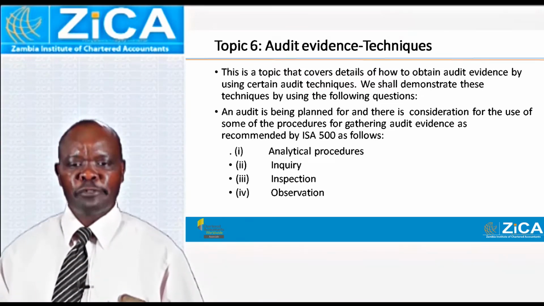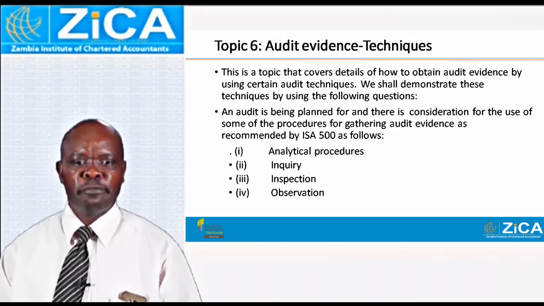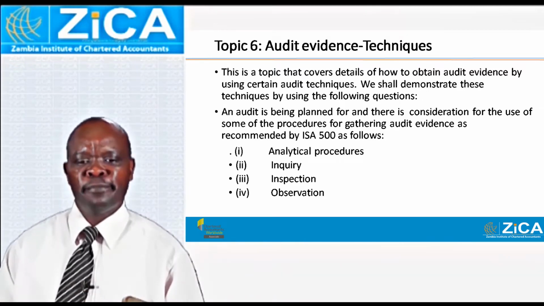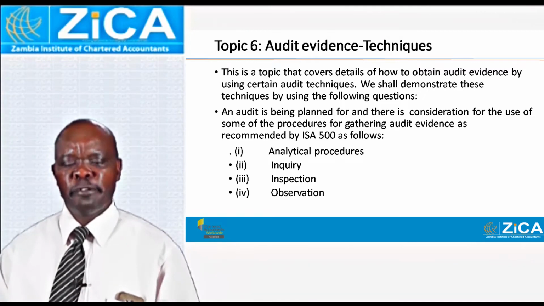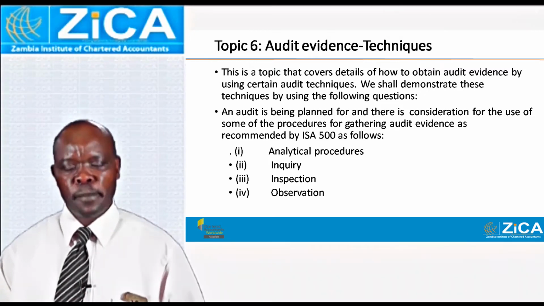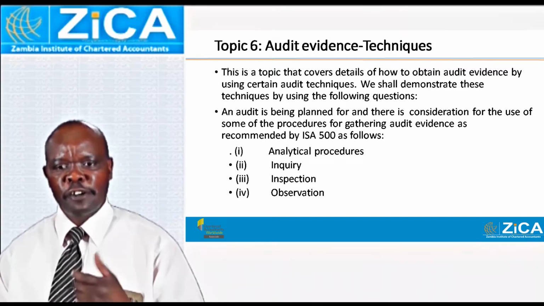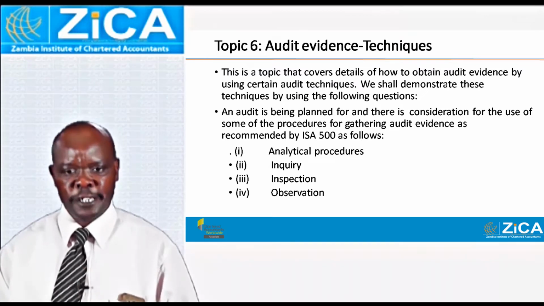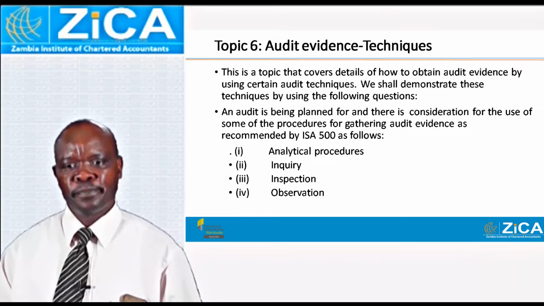And then inspections as well. Inspection is one of the audit techniques for obtaining audit evidence, because when you go to observe or look at the records, you may find some kind of disparities. And then observations. If you are trying to gather audit evidence using observation, it must be one where you are physically present.